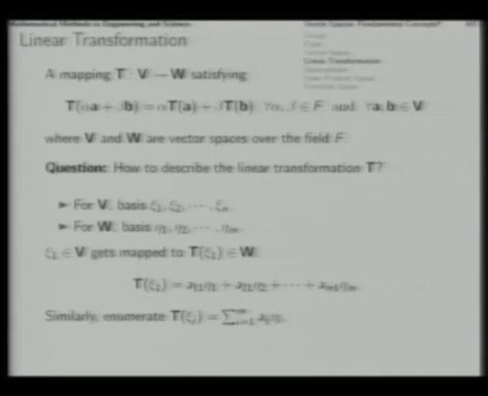So, that tells us that these coefficients are collected together in the vector A1, and the coefficients of other mappings are similarly collected in the other columns in this matrix.